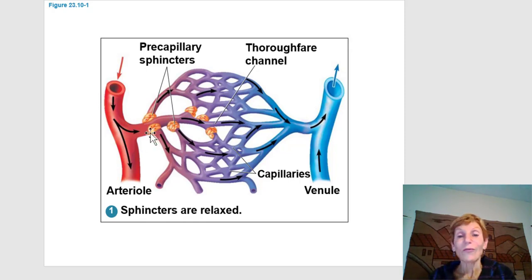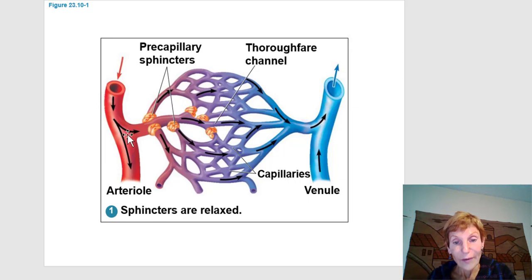Okay, and so right now, these precapillary sphincters are relaxed. And so as blood comes through the arteriole, the blood can go to all of the capillary beds. Let's say this is the capillary beds that line your skeletal muscle. Or no, let's say that this is your digestive system. So these are the capillary beds that go into your digestive system.